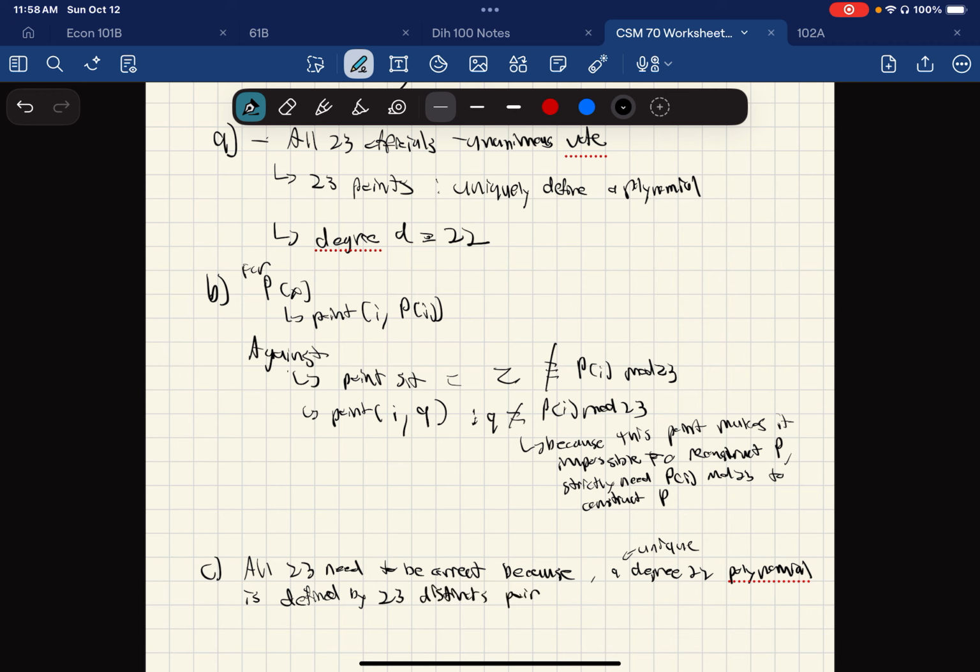In this scenario, whether they voted yes or not, the polynomial is uniquely defined by 23 votes.